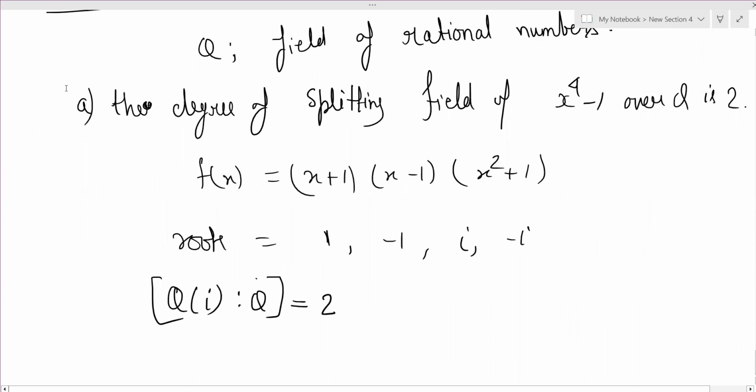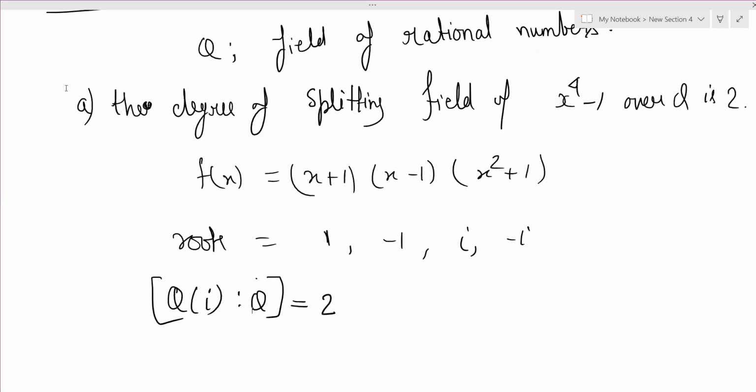It completely splits into linear factors in Q(iota). It is clear, right? So why is it the smallest? How will you argue? Because Q(iota) is the smallest field containing iota, and iota is a root of this polynomial f(x).